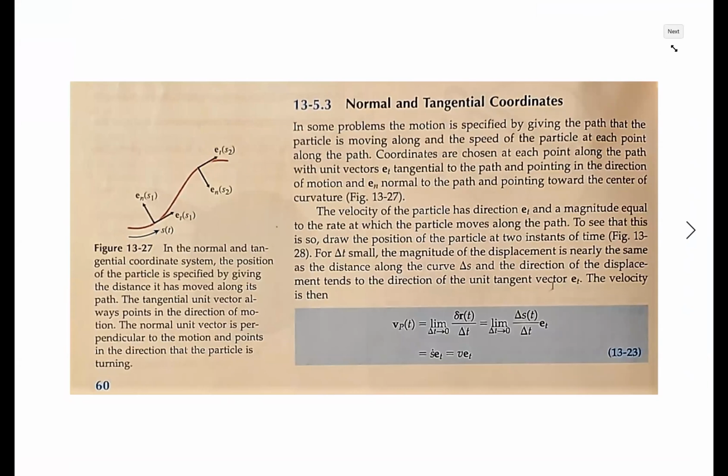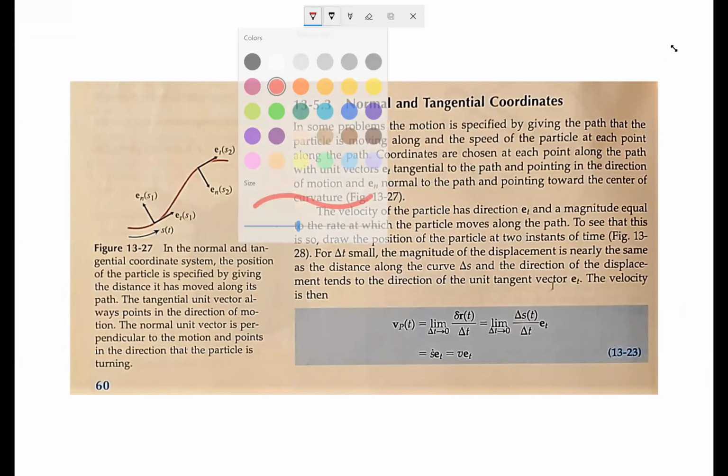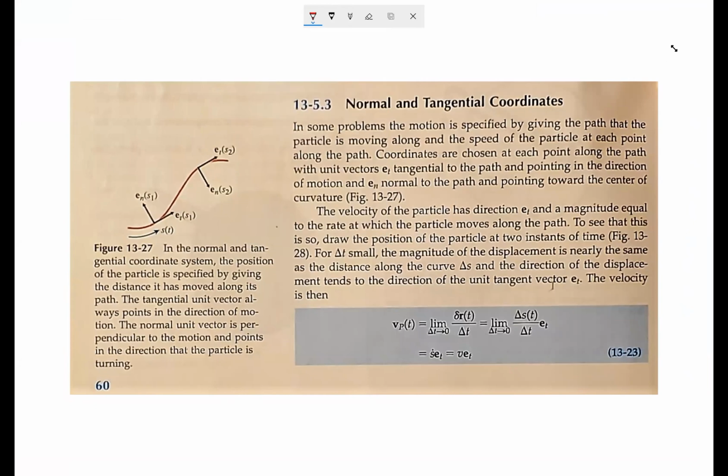So the first equation or function that the textbook discusses is the velocity equation. When dealing with the normal and tangential coordinates, we care about the normal and tangential unit vectors when it comes to the path.